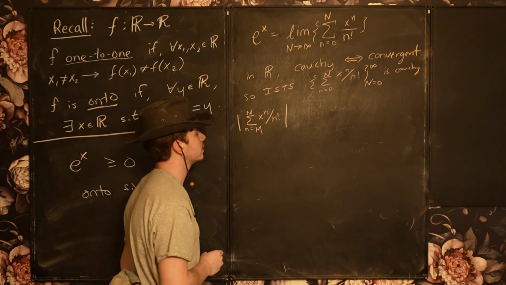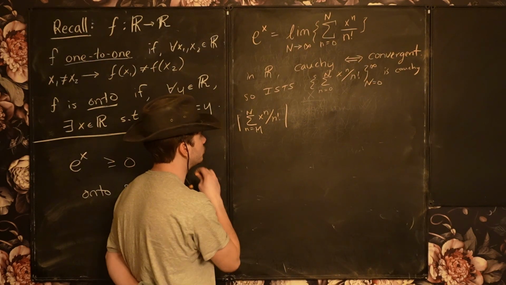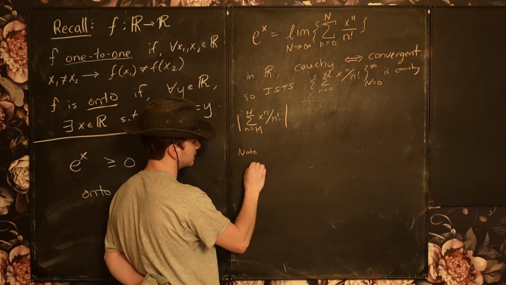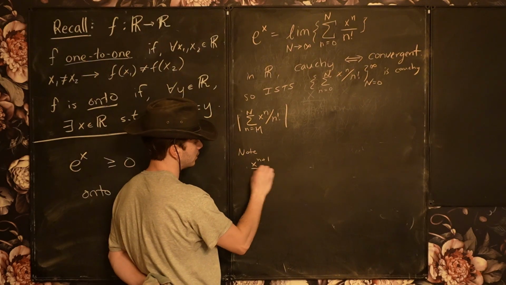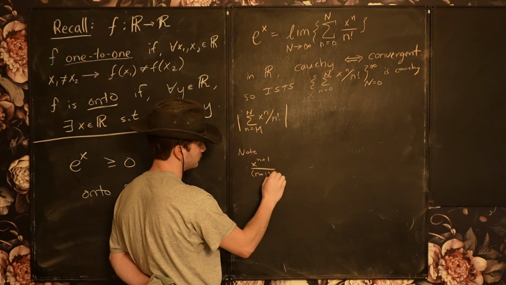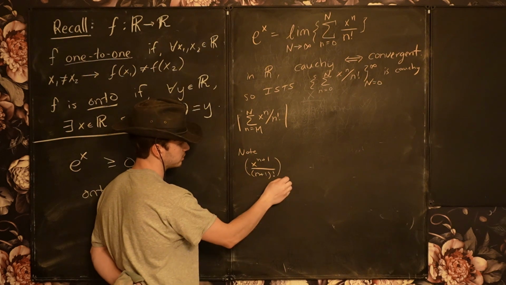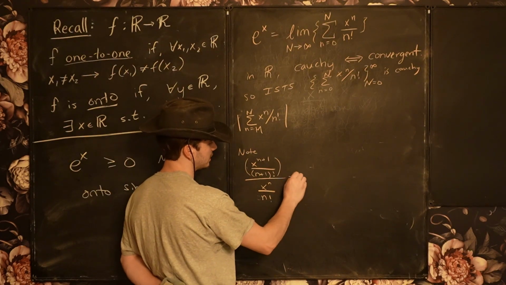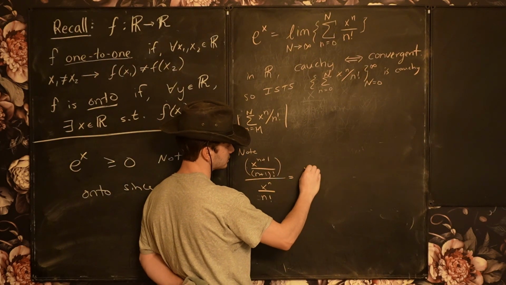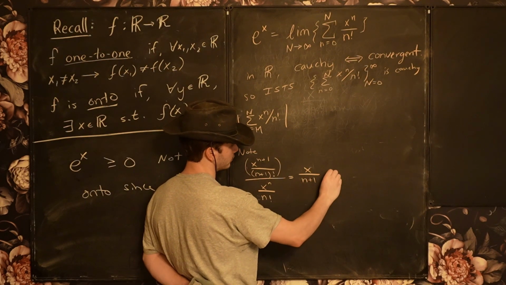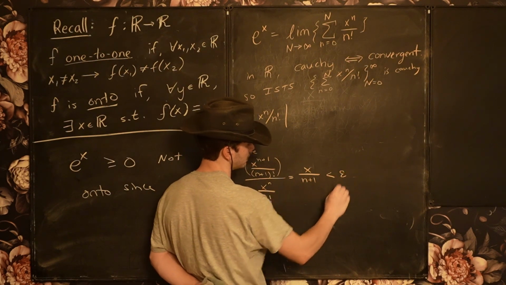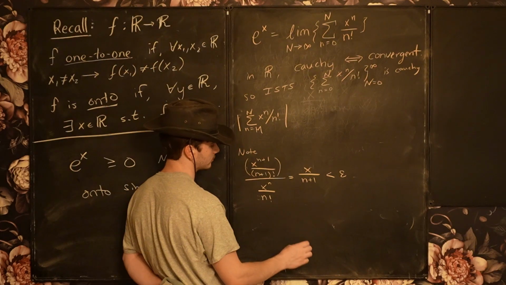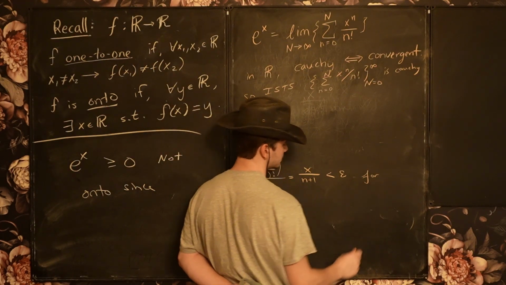Okay, so what we're going to do is note that x to the n plus 1 over n plus 1 factorial, the (n+1)th term of the sum, divided by the nth term of the sum, x to the n over n factorial, is equal to x over n plus 1, which is less than epsilon for n sufficiently large.